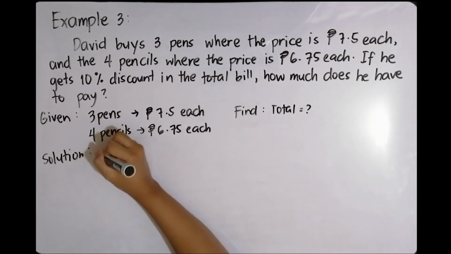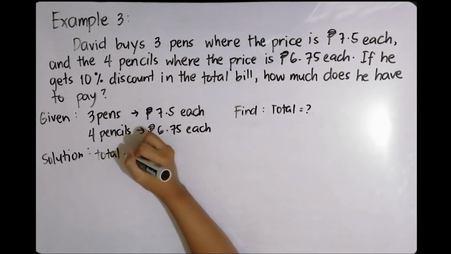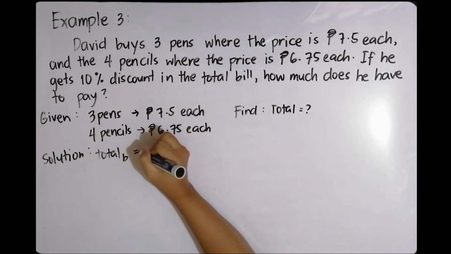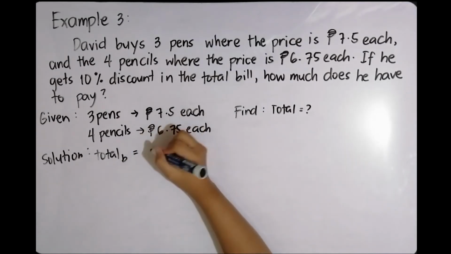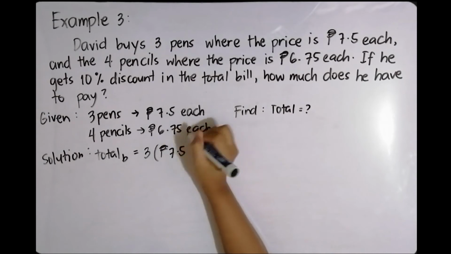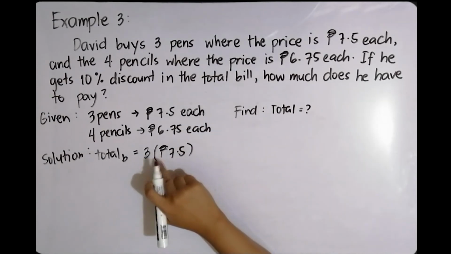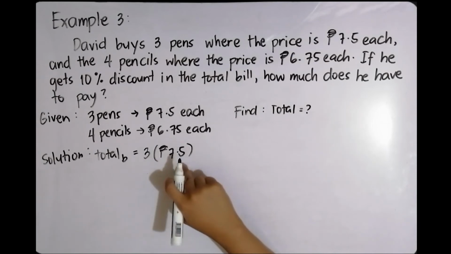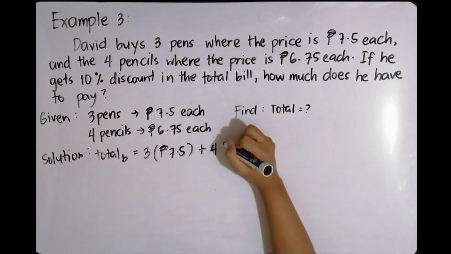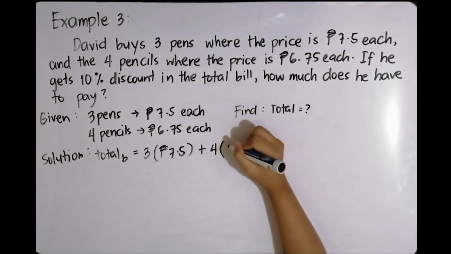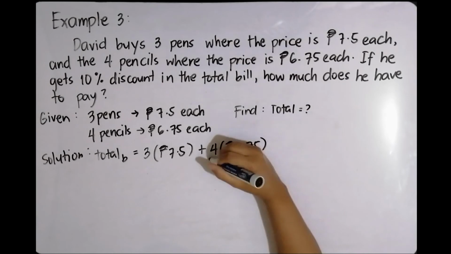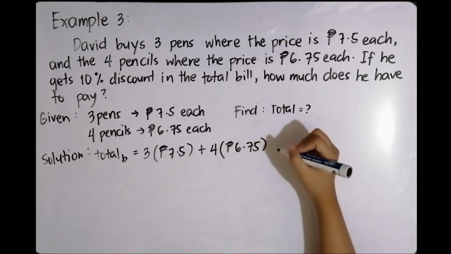So let's compute the total bill. Total sum B equals 3 pens multiplied by 7.5 pesos, because each pen costs 7.5. Then we add the 4 pencils that he also buys. So we have 4 times 6.75 pesos each, because the pencils cost 6.75 pesos.